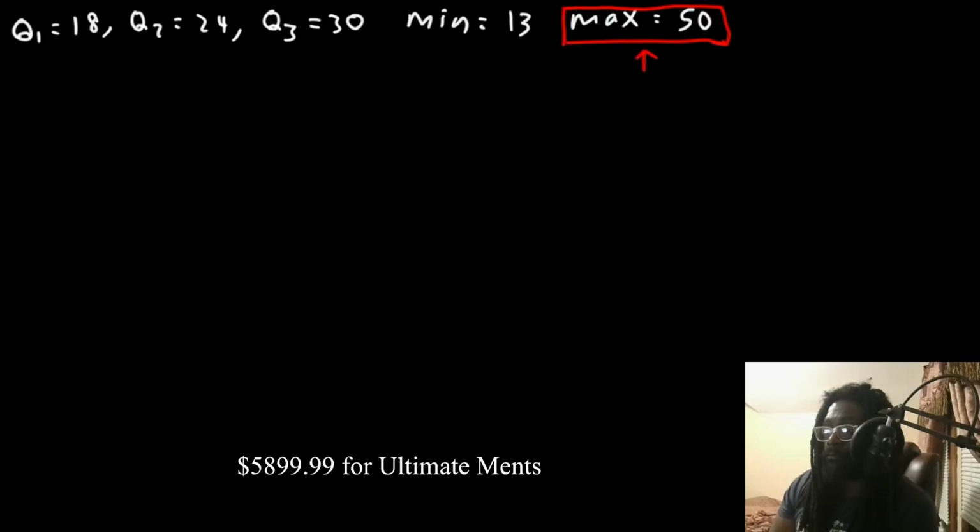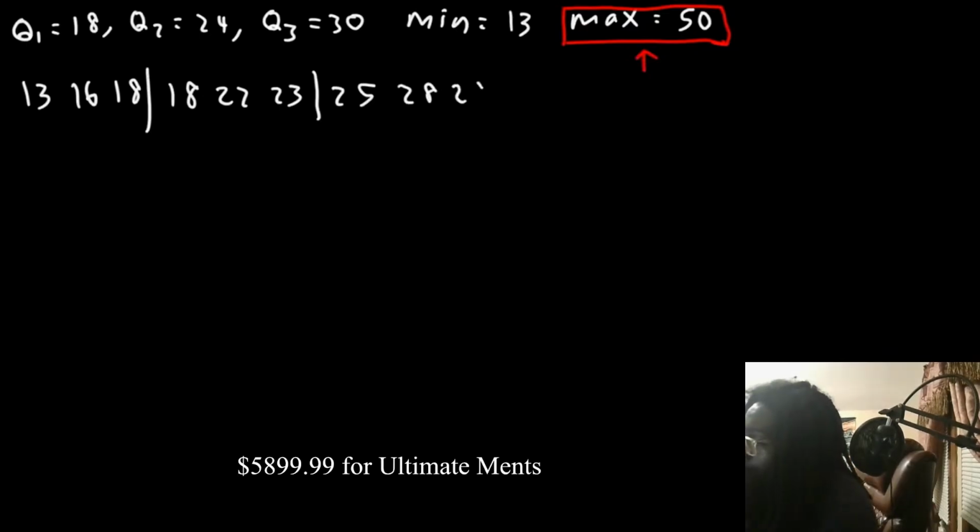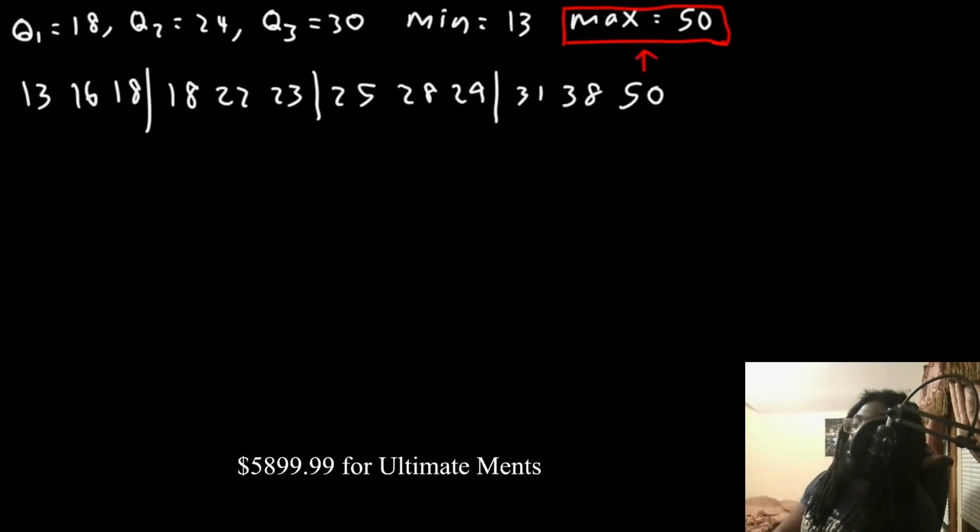Now going back to our original data, I'm just going to rewrite it so you could see everything. This is what we had. Now at this point, let's go ahead and make a number line.